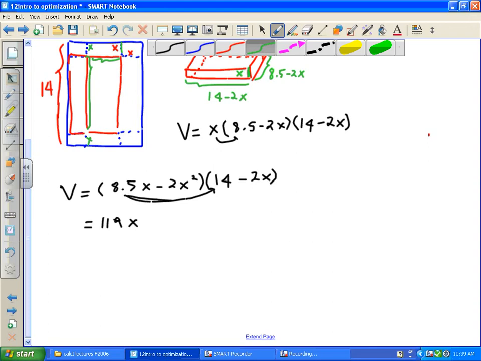Then do 8.5x times negative 2x, negative 17x squared. Then do negative 2x squared times 14. That's negative 28x squared, right? And then do the last ones, negative 2x squared times negative 2x, which is positive 4x cubed. Can we clean this up a little bit?